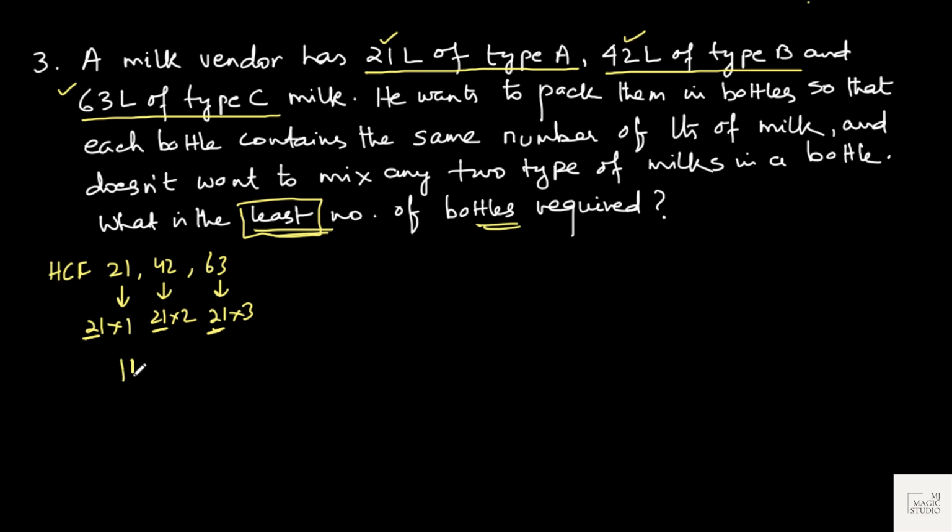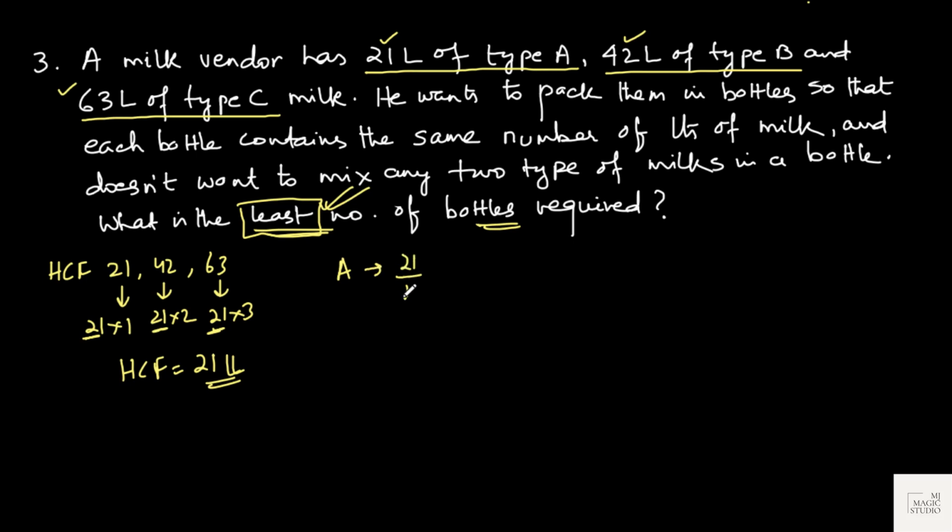Then the common factor except 1 is 21. HCF is 21 liters. That means we will buy a bottle whose volume is 21 liters, so that we can pack all the three varieties of milk separately, and each bottle would contain 21 liters, and thus we would be able to find the least number of bottles required.